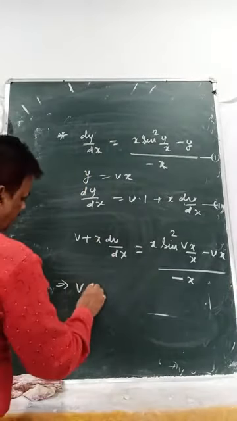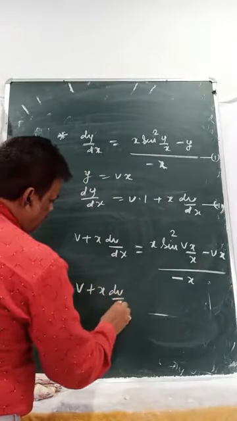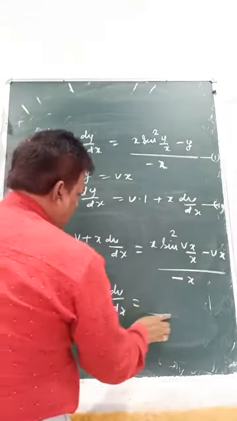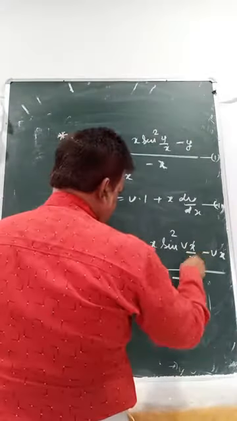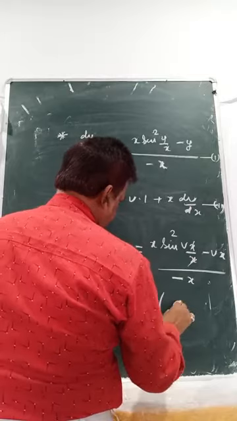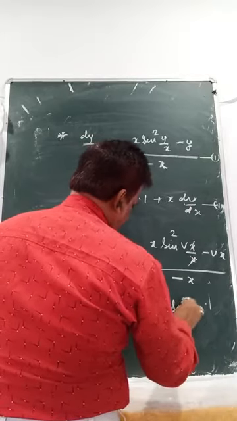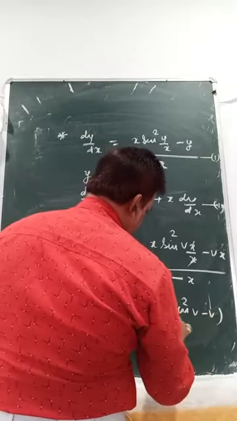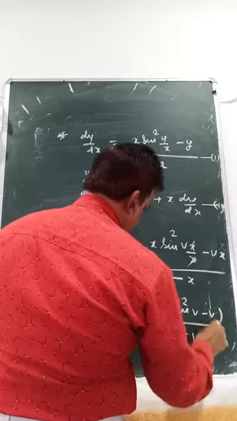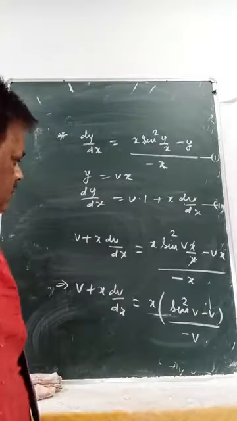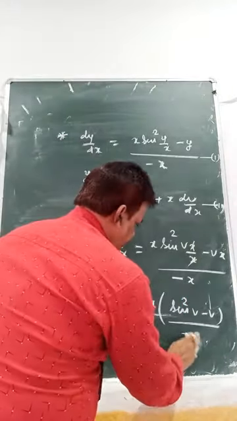If I cancel x, v plus x dv by dx equals sin square v minus v divided by minus v. Then minus 1.